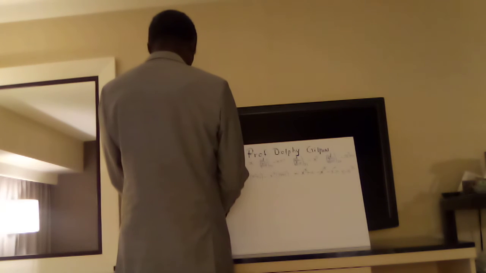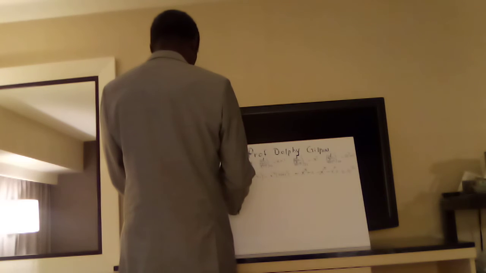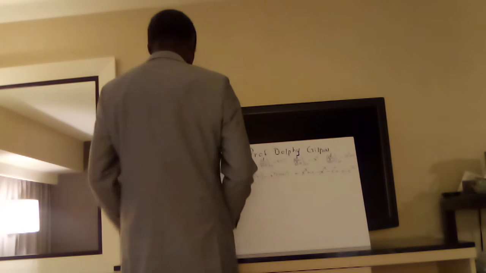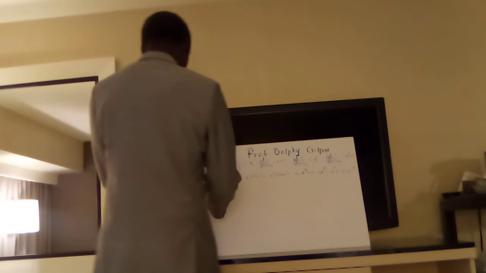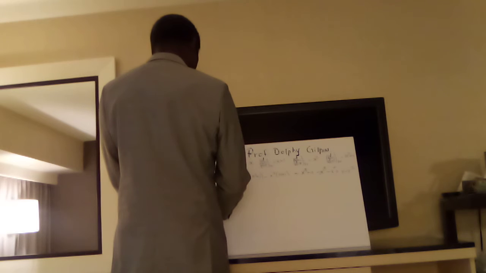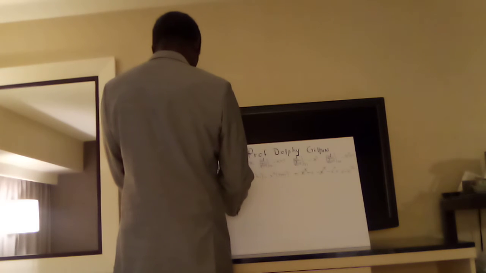Let's take another one. We have another 2 cross 2 here. For the first row, first column, we have in differential notation d by dx 1 1, d by dx 1 2, d by dx 2 1, and d by dx 2 2.